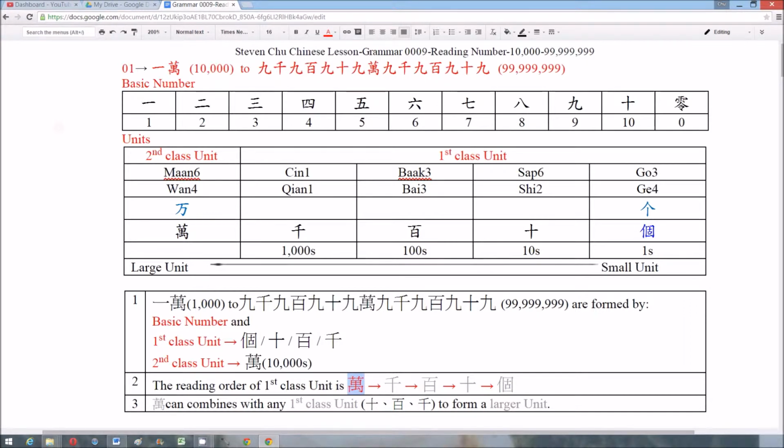The reading order of all these units is 万、千、百、十, but we don't have to read or write the 个. And we can use the 万 to combine with all the first class units to form a larger unit.